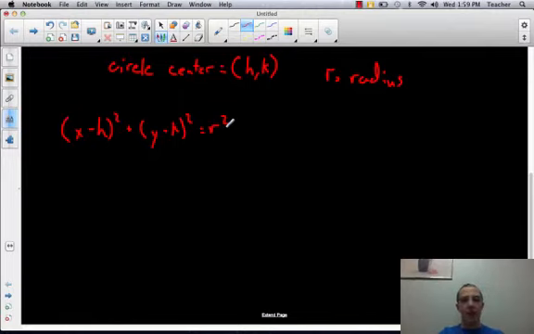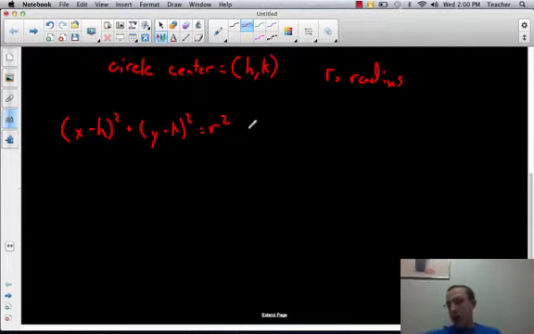It's going to give it to you every time. To punch this into your calculator, you're going to have to do some serious algebra to get y by itself. If you can't do that on your own right now, go back to the other videos. Then you'll have to know what r is to figure out what r squared is.